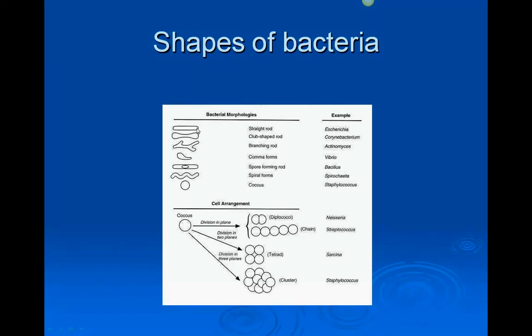So some of you have been exposed to this information previously. We had rod shapes that we called certain terms. So coccus is the circles. We have some spiral type of bacteria that are formed, and so we give things names that go with those shapes.